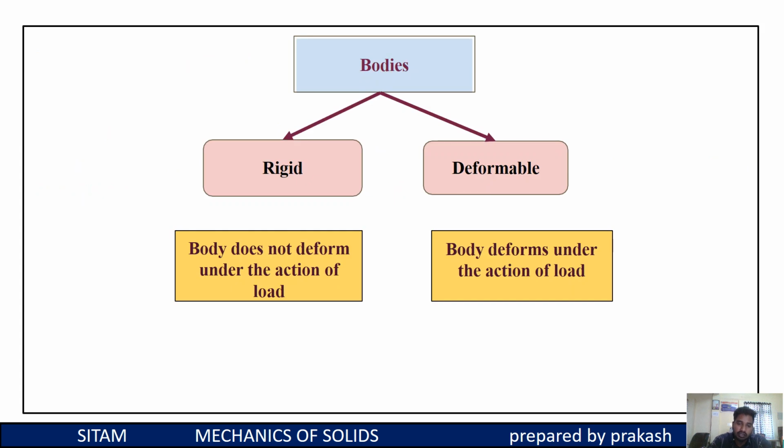Here the bodies are of two types: rigid bodies and deformable bodies. Rigid bodies are bodies which do not deform under the action of load. Simply, they will break or fail. In deformable bodies, the body deforms under the action of load.